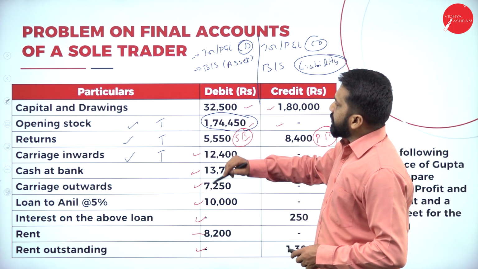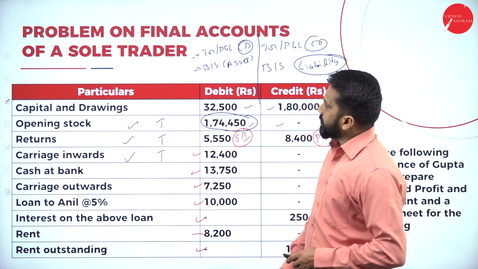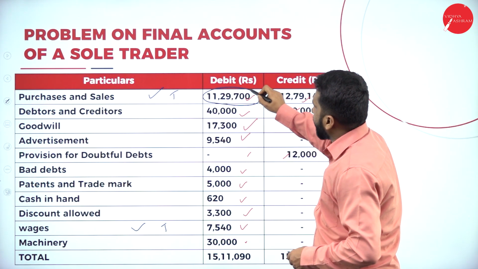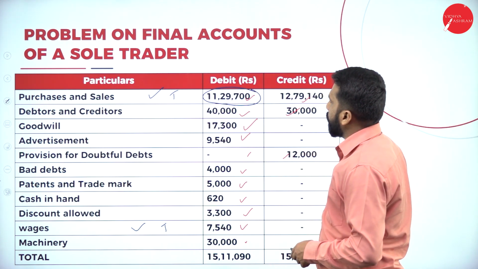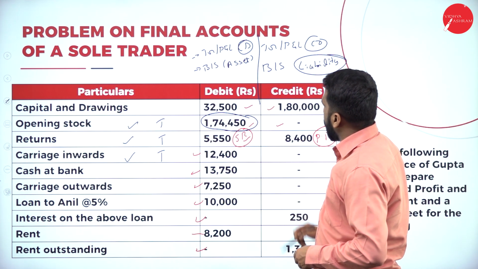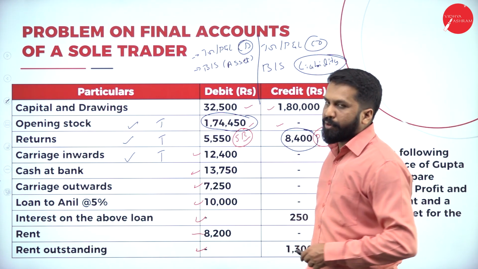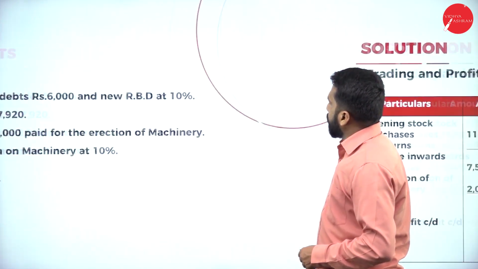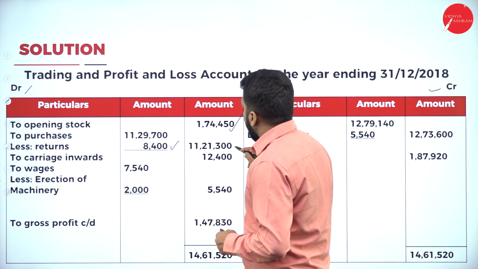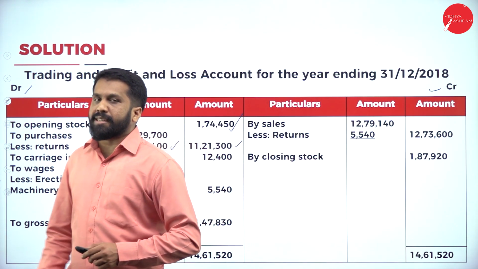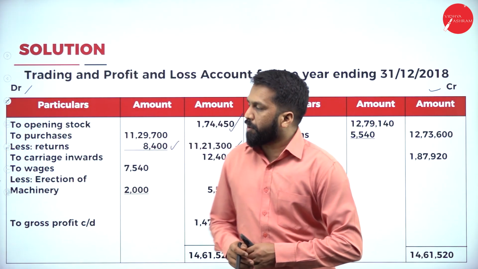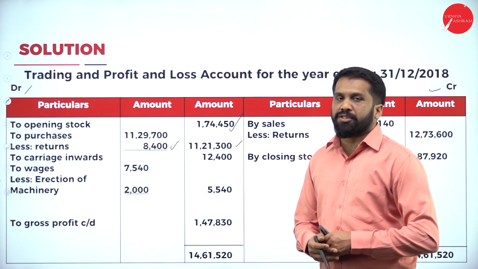Your purchases come to 11,29,700. From this we should take the return, which is 8,400. So 11,29,700 minus 8,400, you get 11,21,300. Your opening stock is over, your purchases are also over.